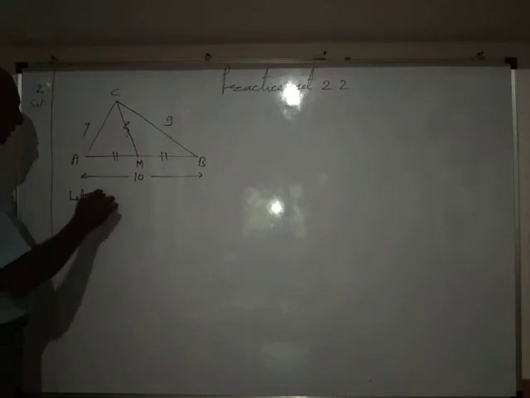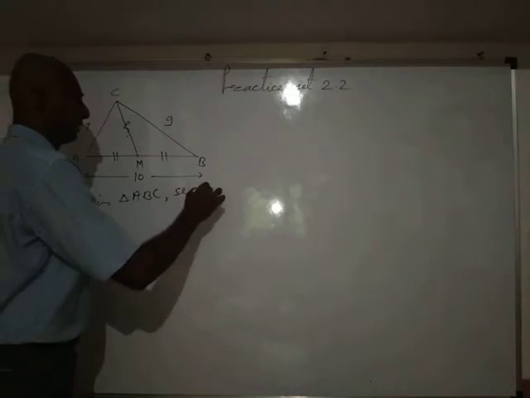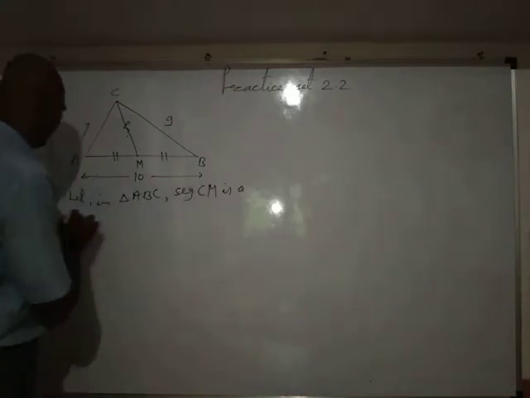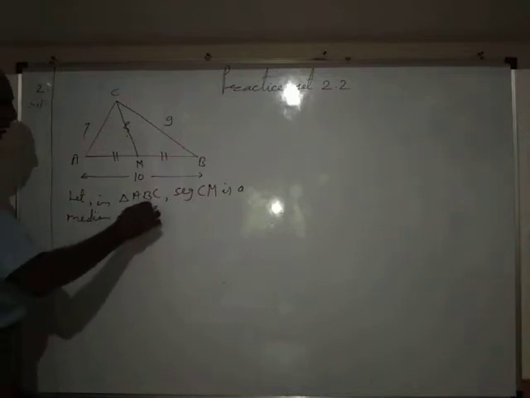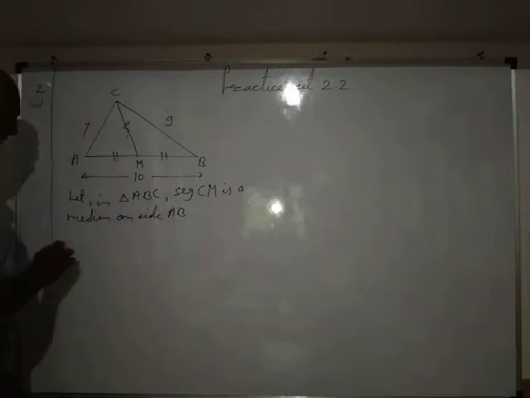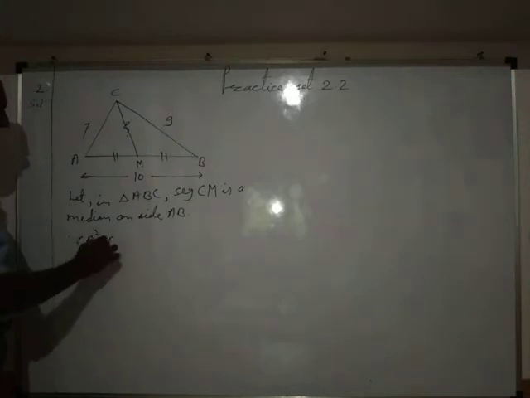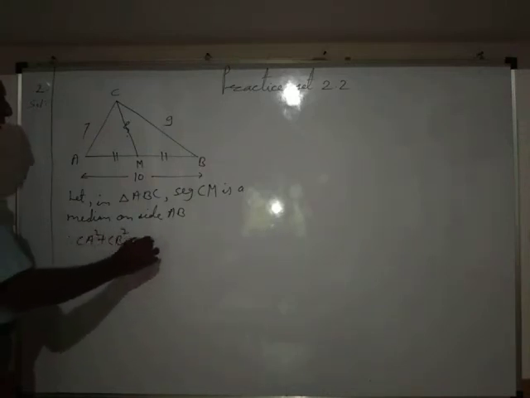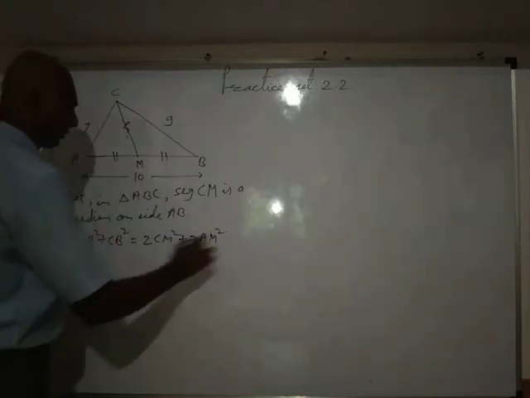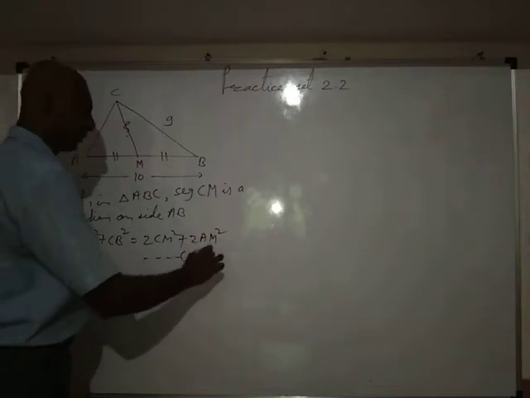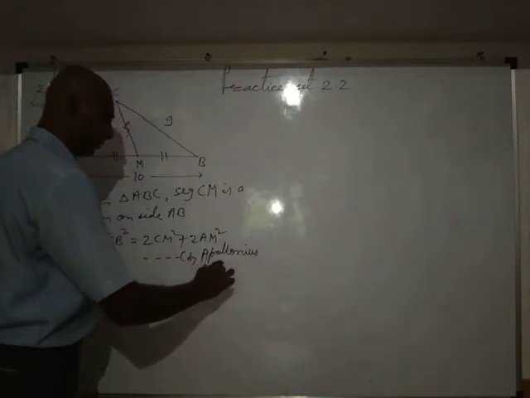Let in triangle ABC, seg CM be a median on side AB, and therefore CA square plus CB square equals 2CM square plus 2AM square by Apollonius theorem.